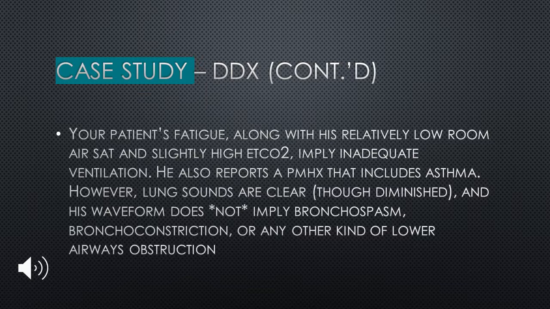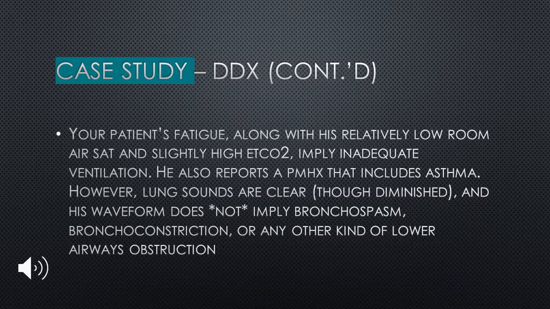And you do remember that he mentioned he has a past medical history of asthma. The thing is, he specified it was childhood asthma. He says he only uses albuterol PRN, and the big thing is, his lung sounds are clear. They're diminished, but they're clear. And like we said when we first saw it, his waveform is square. It's not shark fin, so it doesn't imply an obstructive process.